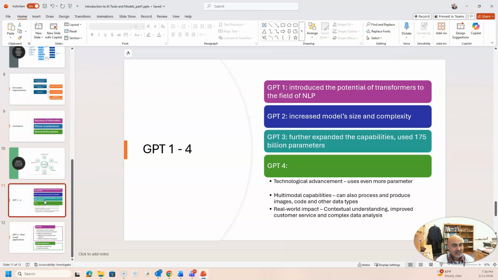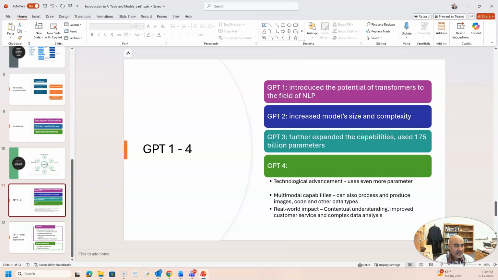It has added new capabilities and applications, marking a milestone in artificial intelligence. So it has gone through some technological advancement. It really pushes the boundaries with even more parameters and a deeper understanding of the language, making ChatGPT 4 the most advanced AI model in the series.